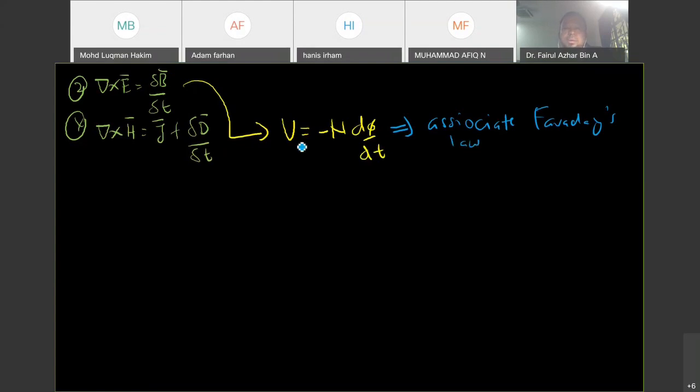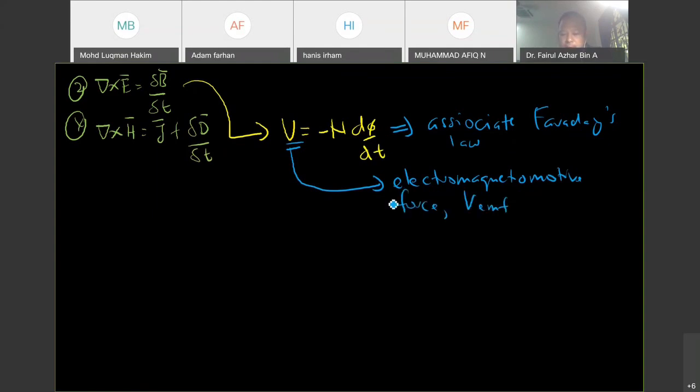Okay, so the V that we have here is what we call the EMF, or electromotive force.